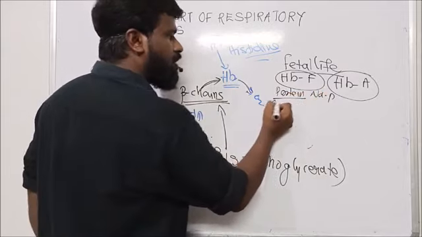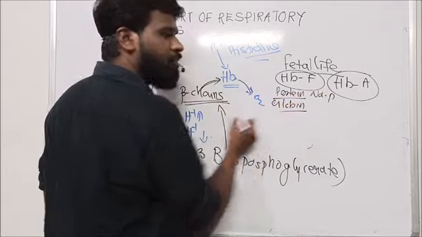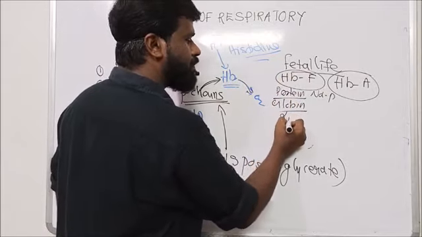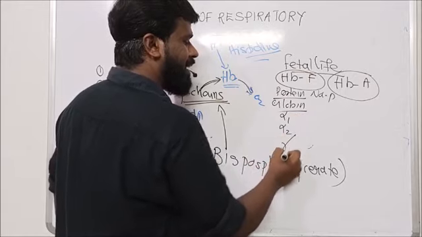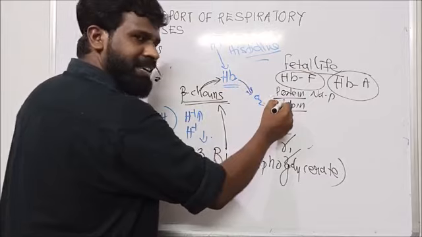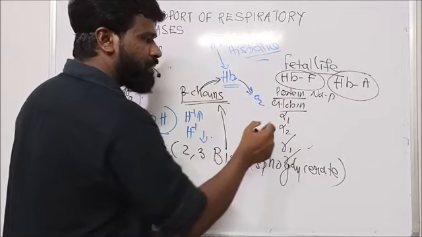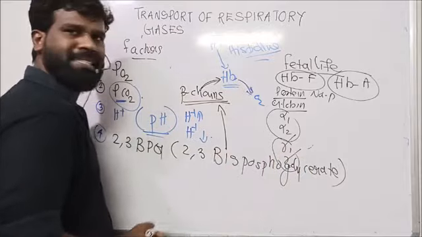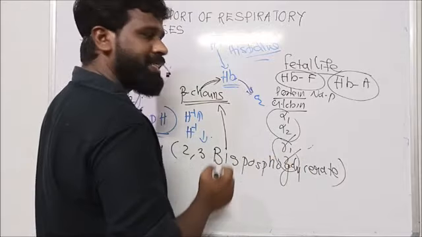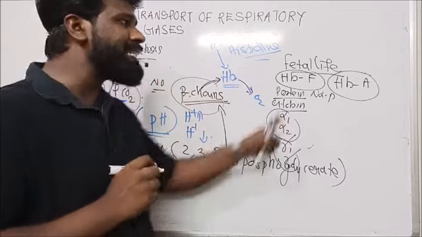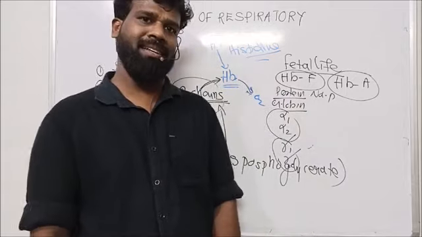The protein part is globin, a total of 4 globins. The globins in fetal hemoglobin are 2 alpha and 2 gamma chains, no beta chains.